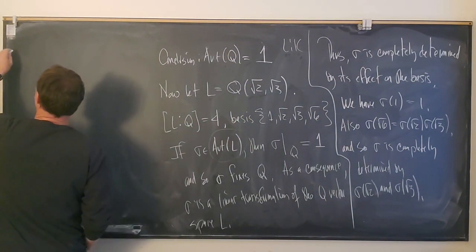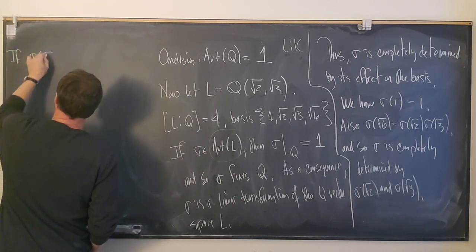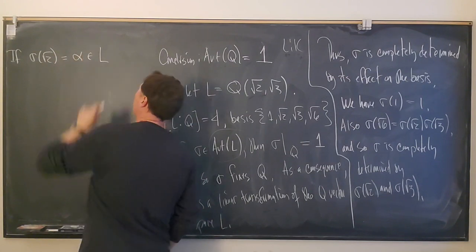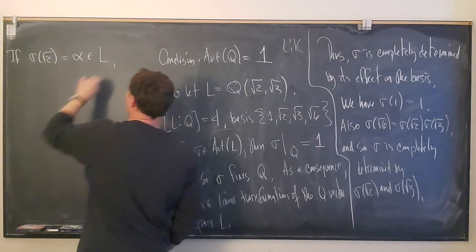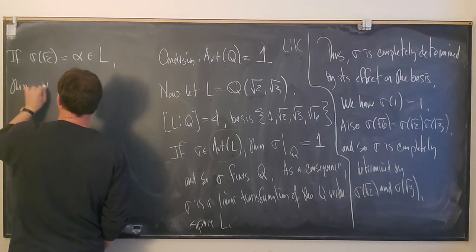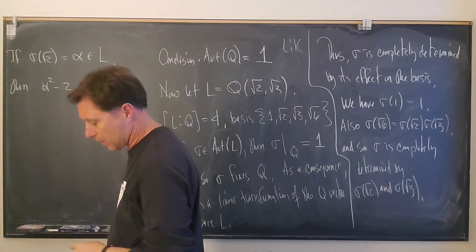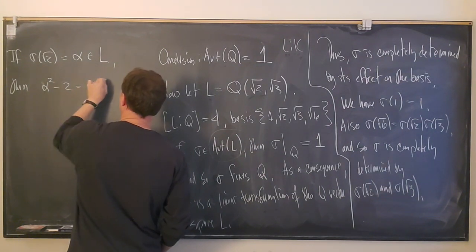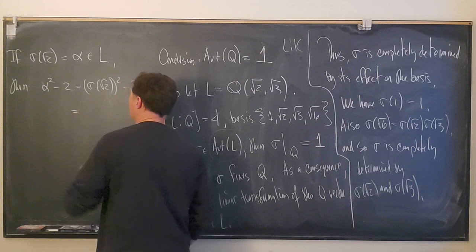So let's say sigma of root 2, I don't know what it's going to be, let's call it alpha, is some element of L. Then when we look at alpha squared minus 2, that's equal to sigma of root 2 squared minus 2.